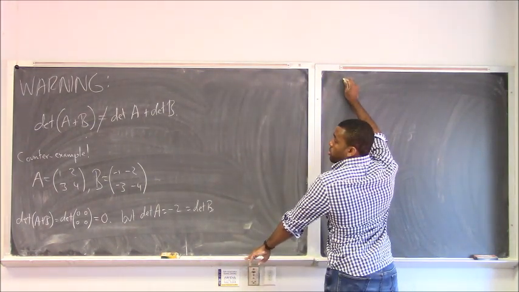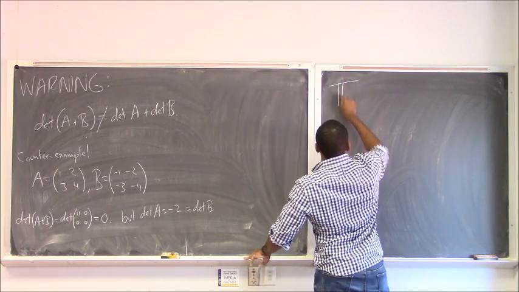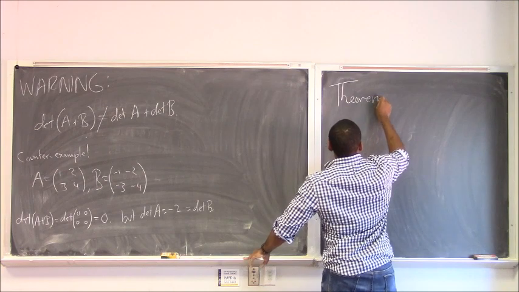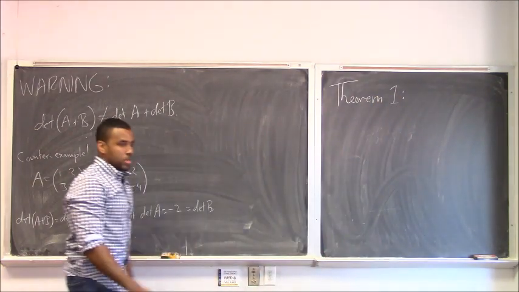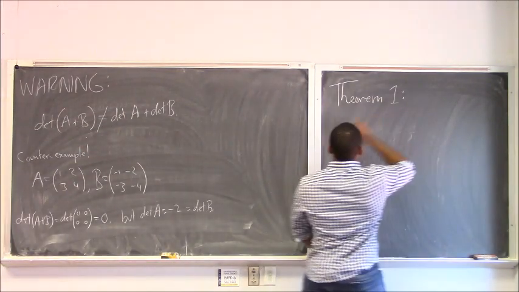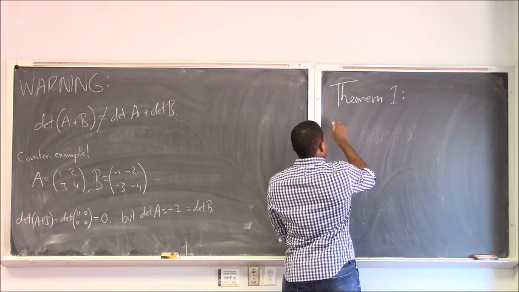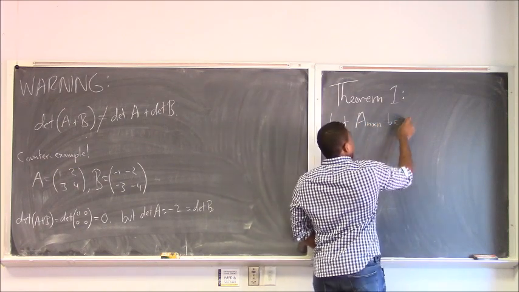Right, so, okay, here's determinant theorem 1. Now we're going to pull out the big guns. The things that are going to help us actually get far more efficient at computing determinants. Let A be an n by n matrix.